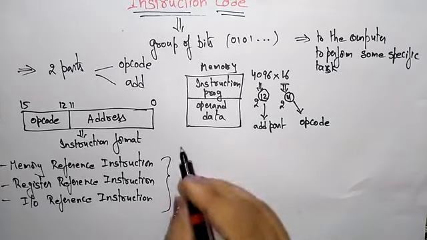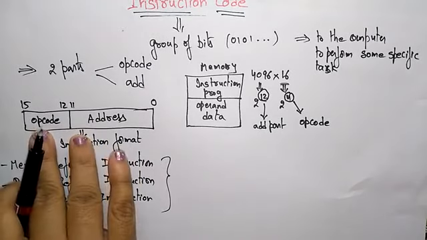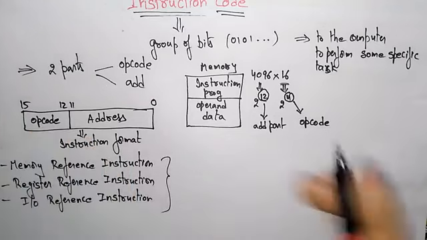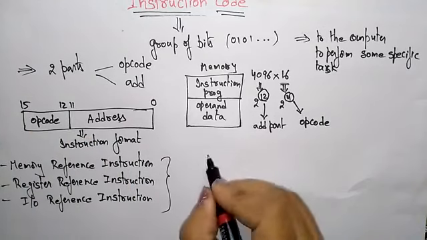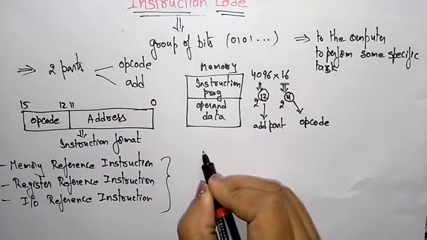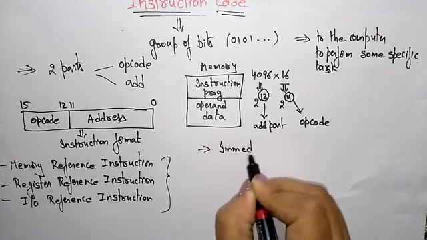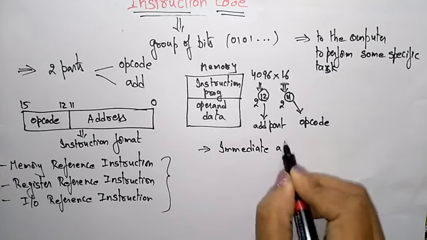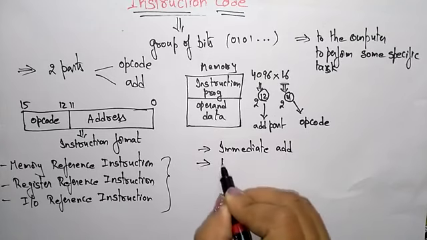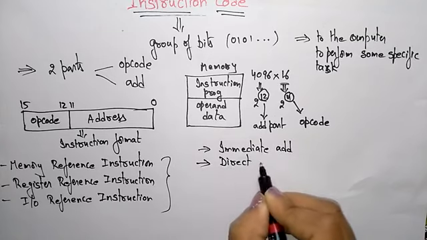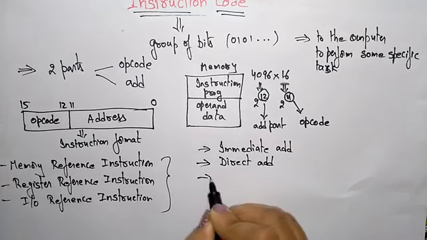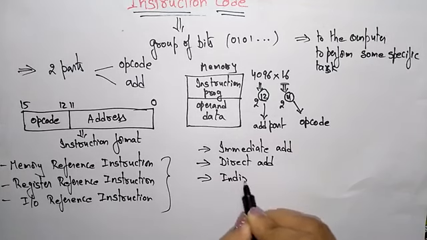Actually this instruction code can also be of three types, in the format of immediate address, direct address, or indirect address.